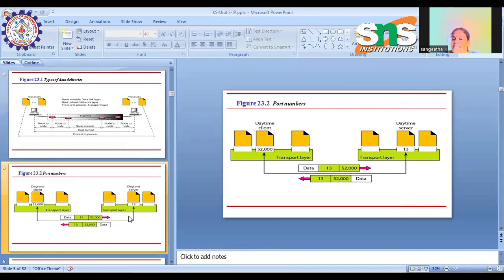In this example, the date and time application will use port number 13 for the server application and 52,000 for the client application. The client machine sends information like this, and the receiver also responds likewise. So the port numbers play a vital role in identifying the process running on the system.